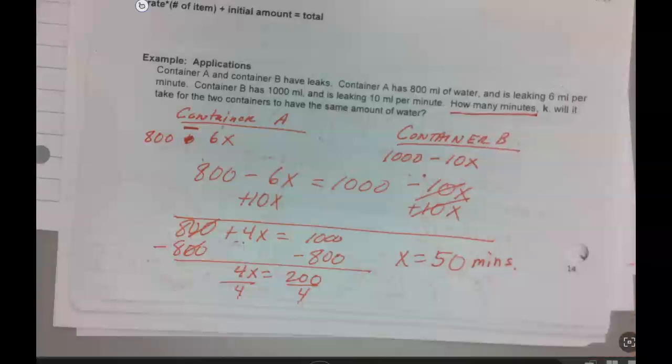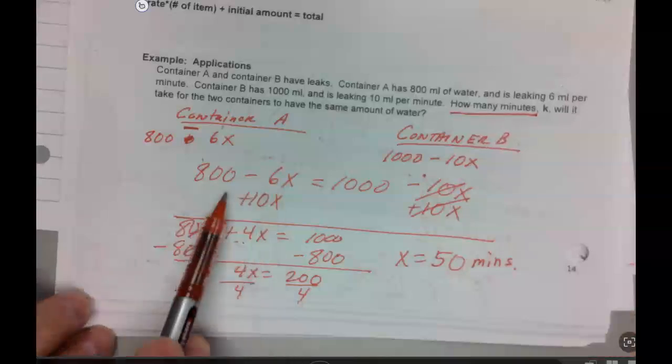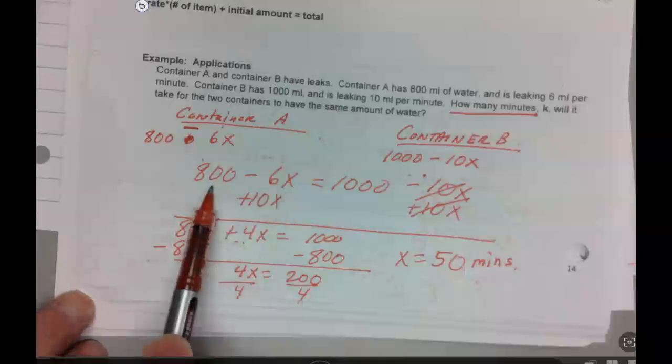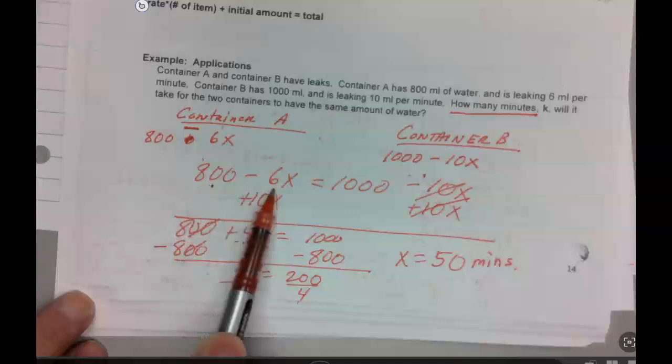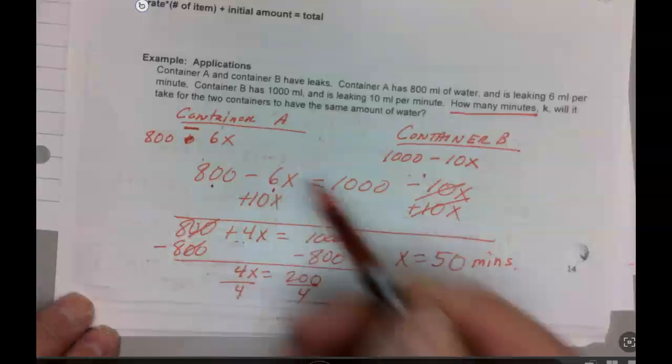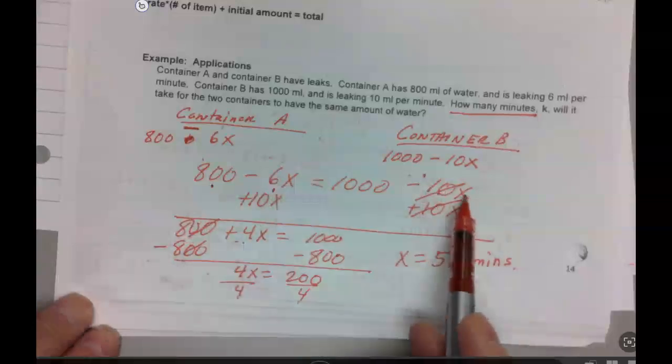Let's check it. I'm going to do it in my head here. Just watch me. So what's 6 times 50? What's 6 times 5? 30, add a 0. So that would be 300, wouldn't it? So 800 minus 300 would be 500, wouldn't it? Then 50 here. What's 10 times 50? 500.